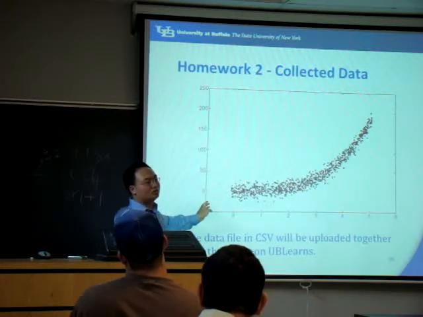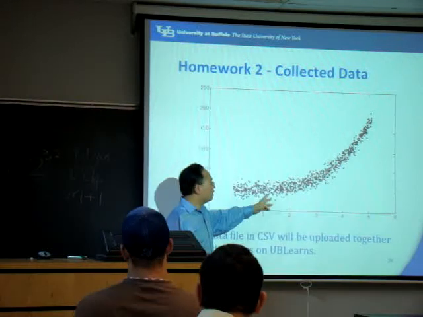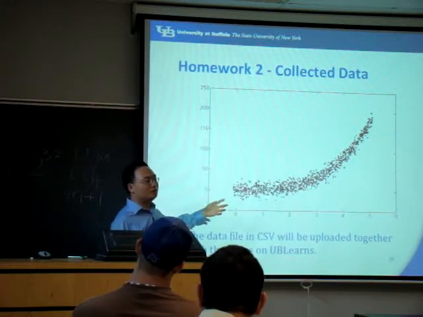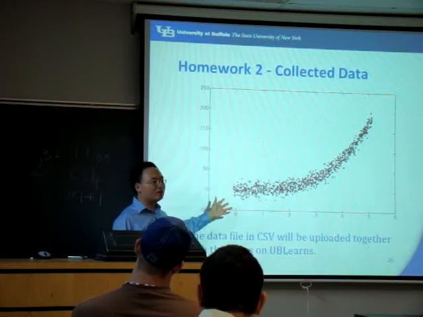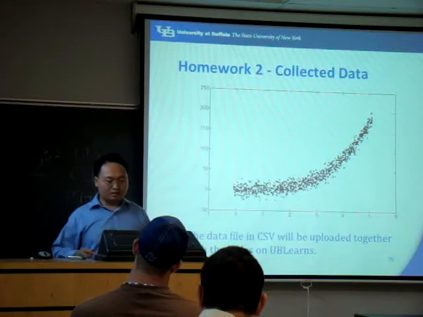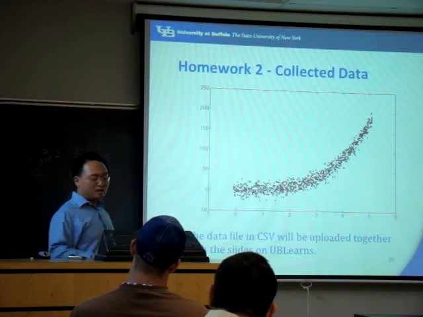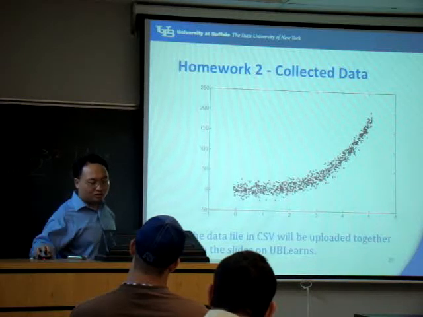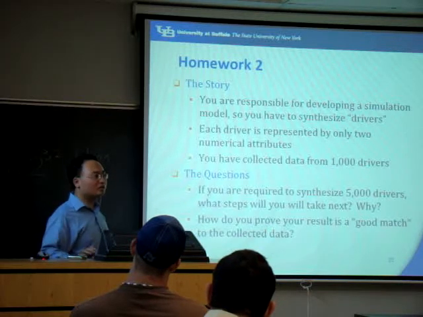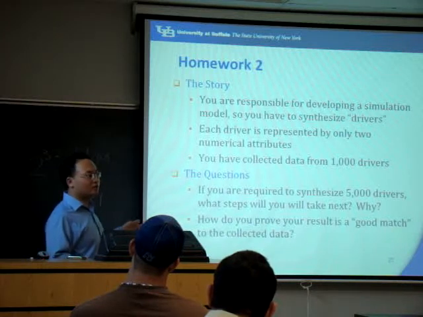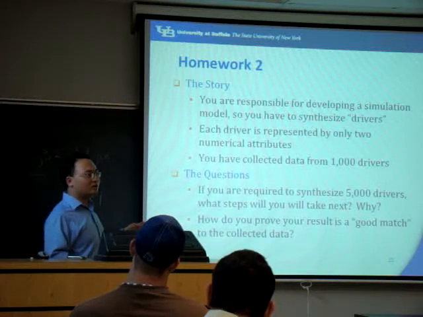This is attribute 2. I plotted them. I want you to give me another 5,000 drivers. How do you do that? The most important thing is, no matter how you do that, you have to prove to me that your result is a good match to the collected data. How do you do that?